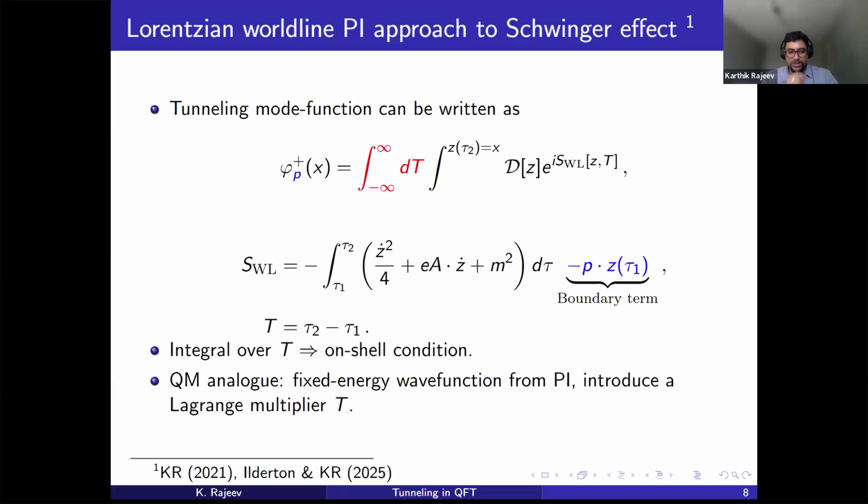To give a more quantum mechanical analog to this extra proper time integral, imagine trying to write a path integral expression for a fixed energy wave function in quantum mechanics. Right? So you would need some kind of a Lagrange multiplier to fix the energy, and this capital T is precisely that. But this time it is fixing the mass squared for the particle.